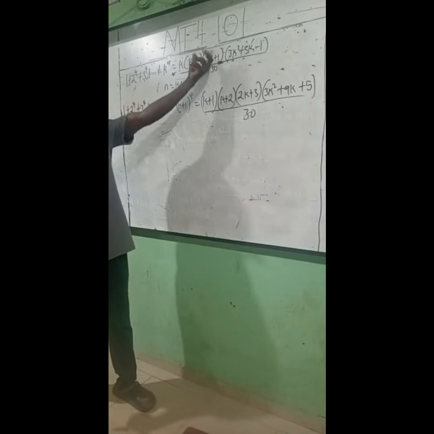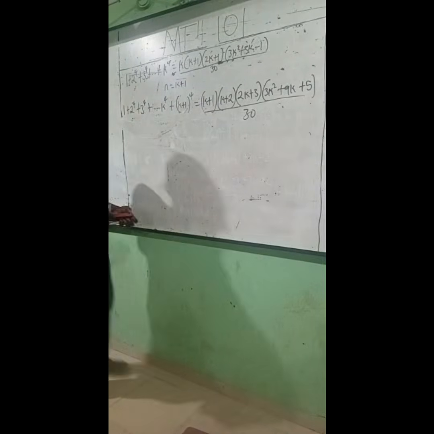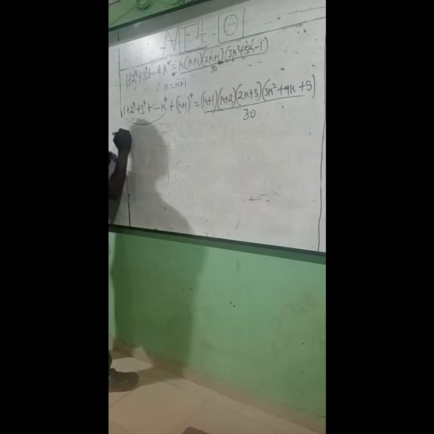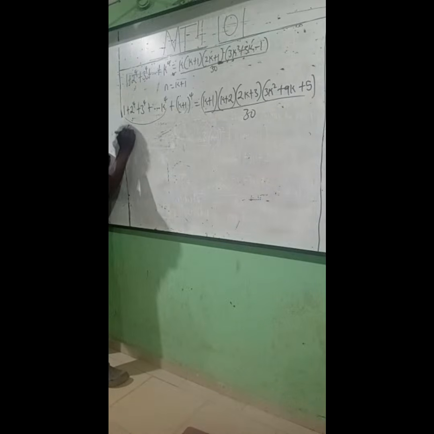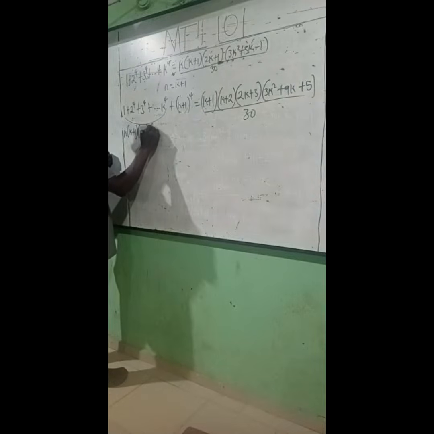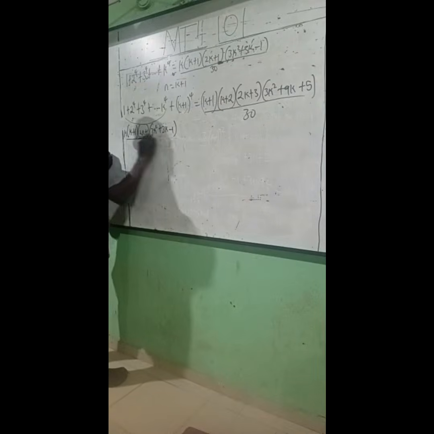Since this one has a finite structure, you can replace this with this. So instead of writing this, you can write this because this is the same as this. So here we have k into k plus 1 into 2k plus 1 into 3k squared plus 3k minus 1, over 30.